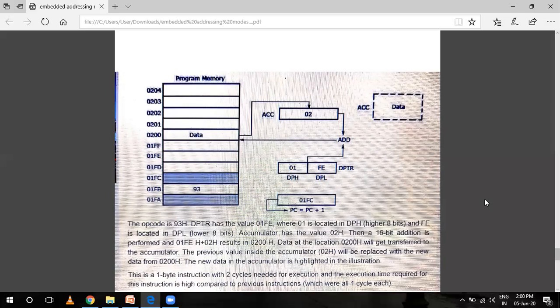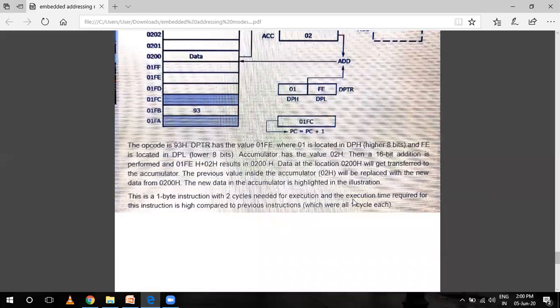Then a 16-bit addition is performed, and 01FE plus 02H gives the result, which is location 0200. The data at the location 0200H will be transferred to the accumulator, and whatever previous data is in the accumulator will be replaced with the new data.